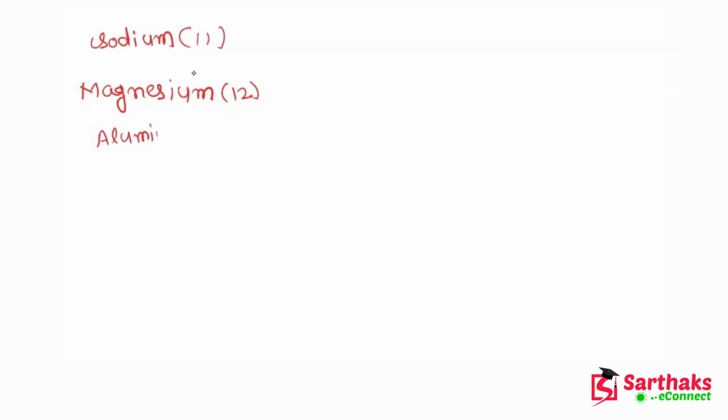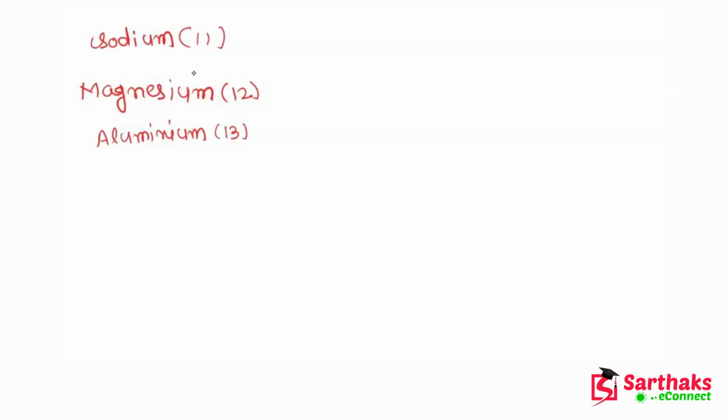Okay students, so here let's take some examples of metal. Let's suppose I have sodium, whose electronic number is 11. Let's take the other example of metal. Let's suppose I am taking magnesium, and the electronic number for magnesium is 12. Now we have aluminium as well, and the electronic number of aluminium is 13.